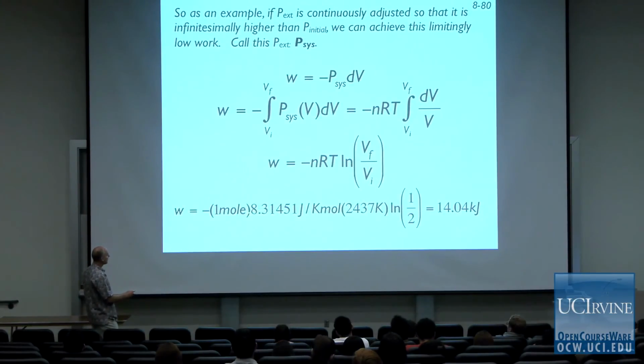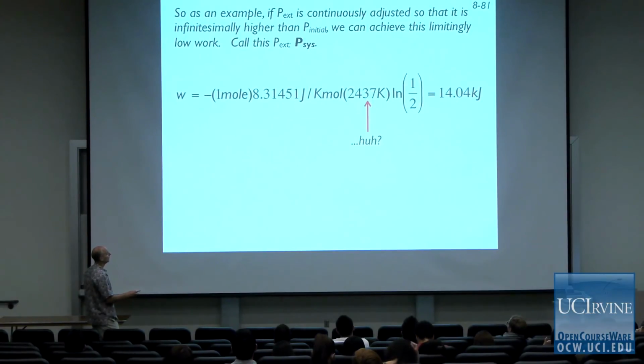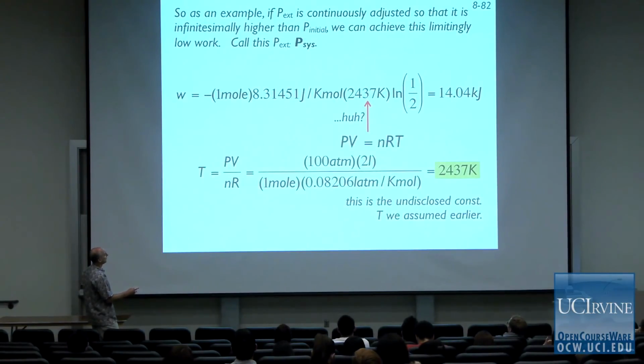And so when I do that calculation, I got 1 mole times 8.31451 times 2,437 degrees Kelvin. Where did that come from? Well, by golly, that's the temperature. I never told it to you, but if I plug in all of these constants using the ideal gas equation, that's the temperature I get.